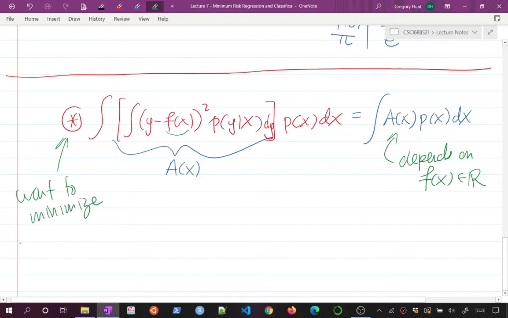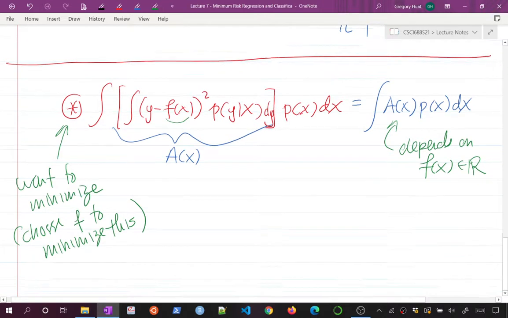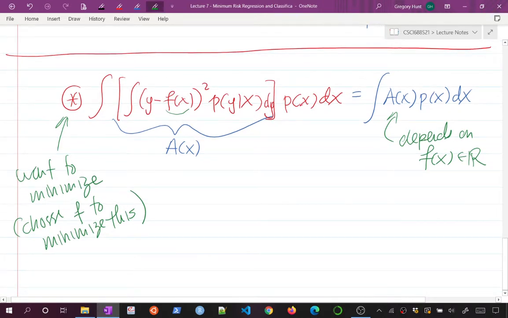That is, choose f to minimize this, right? And by choosing f, I'm effectively choosing my a. And I want to minimize the entire integral. But I can choose my f's independently, which means I can independently choose my values of a.